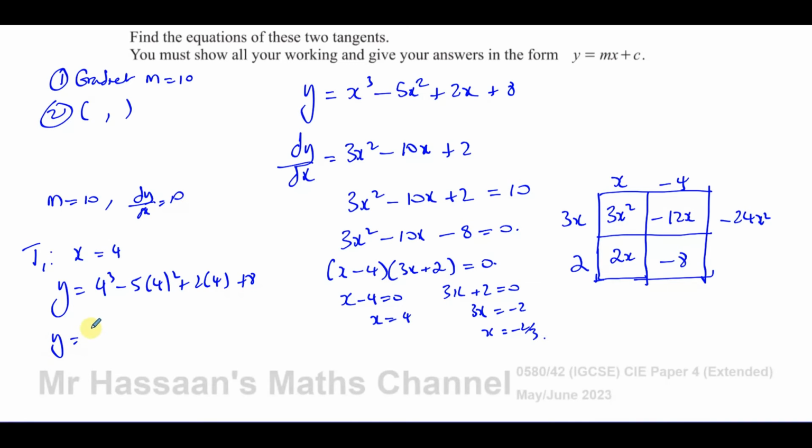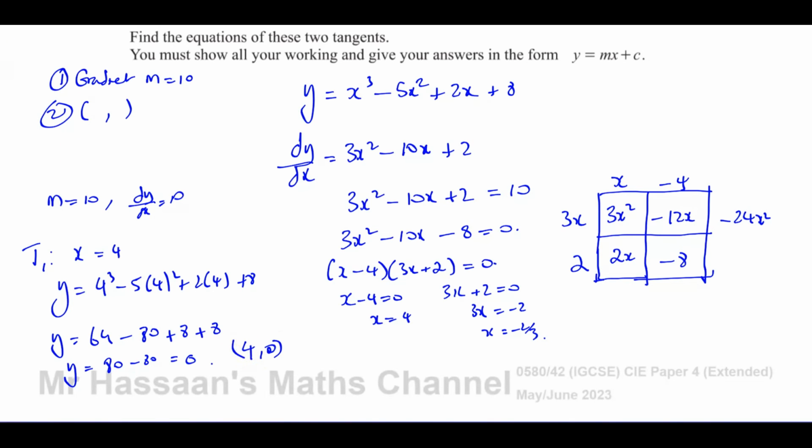That's going to give me 64 minus 5 times 16, which is 80, plus 8 plus another 8. So that's 16 plus 64, that's 80, and minus 80 is equal to 0. Okay, so one of the points is going to be 4, 0.